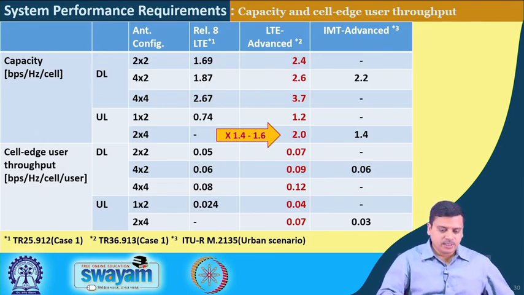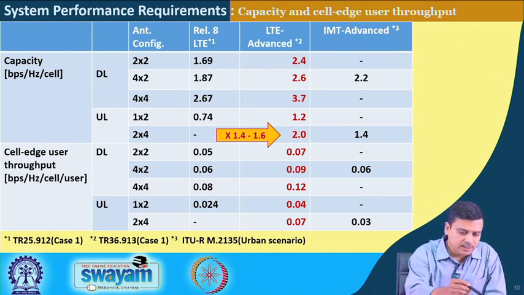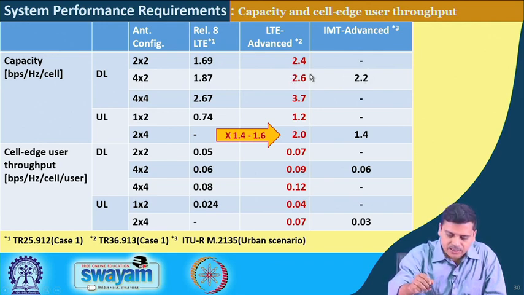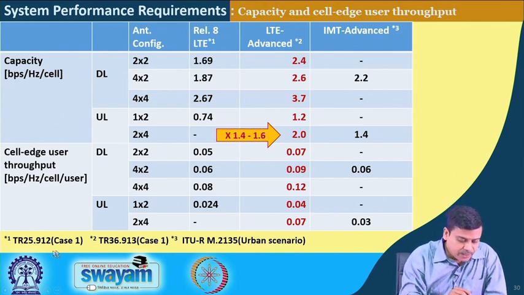So, in this slide, what we have is the cell capacity, that is bits per second per hertz per cell, which we have described earlier, and have compared them for IMT-Advanced and LTE-Advanced. What we clearly see is that the requirements are quite nicely met and are actually exceeded. How these have been evaluated is described in a series of documents, where we have said earlier that M2135 describes the scenario, and the urban scenario has been taken for these results.